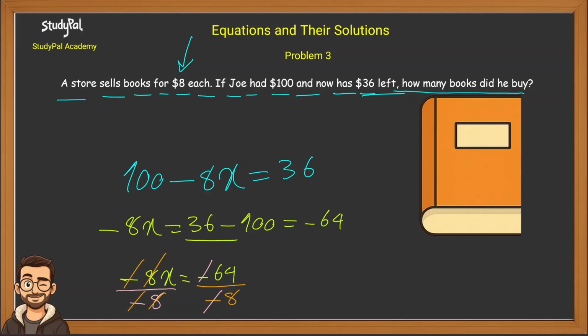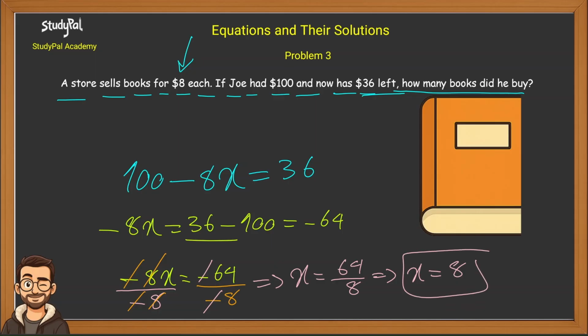These minus signs go away and we remain with x equals 64 over 8. And 64 over 8 is 8. Then we get x equals 8. So Joe bought just 8 books in that store.